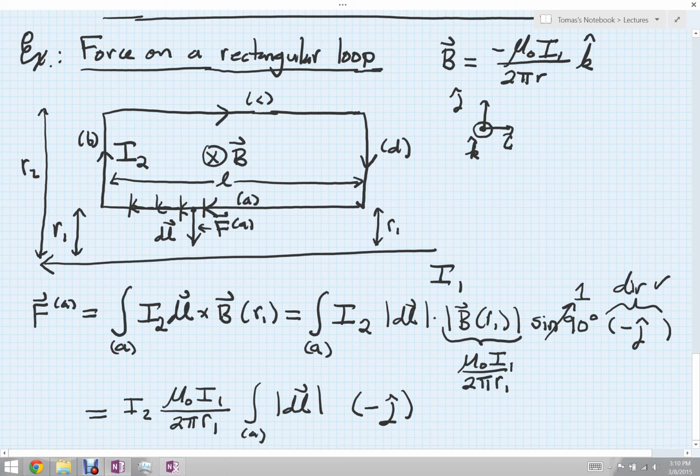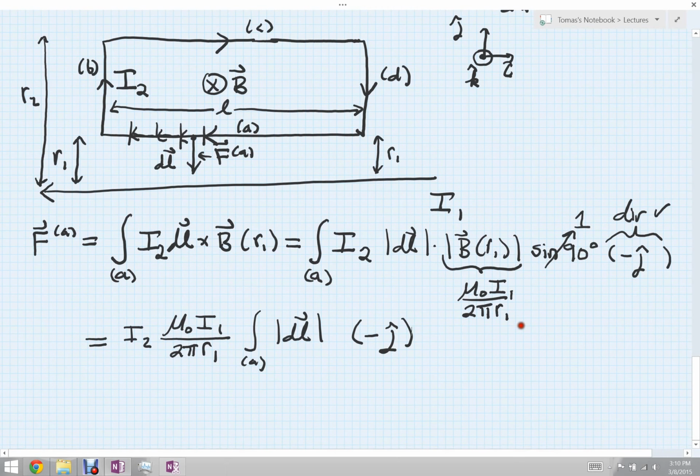All right, now I think we can handle this pretty well, right? Because all that's left in the integral is just to add up the lengths of all of my little displacement vectors. Well, my little displacement vectors carry me all the way across this wire, so it's just the length of this wire. So at the end of the day, I'm left with the following series of factors.